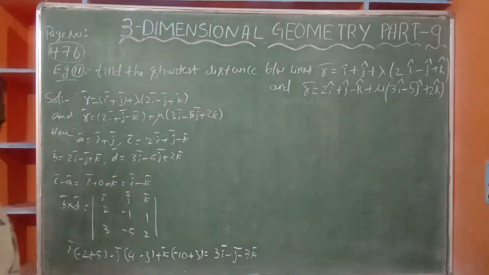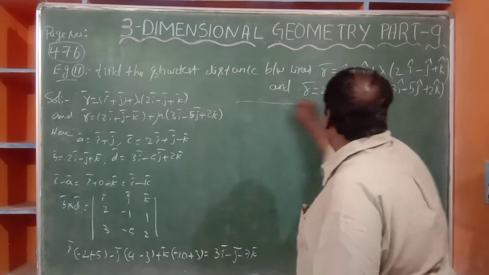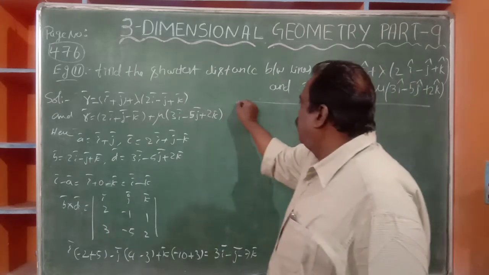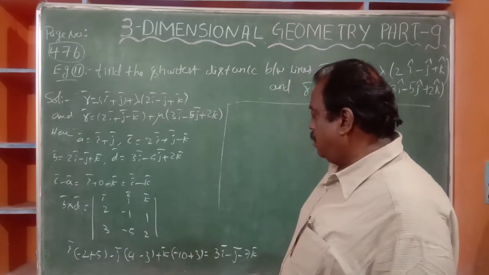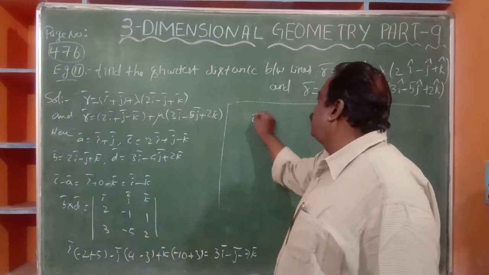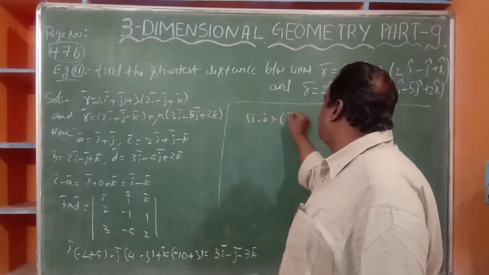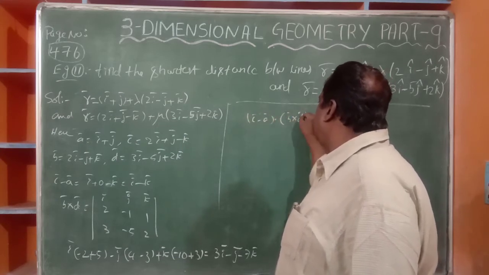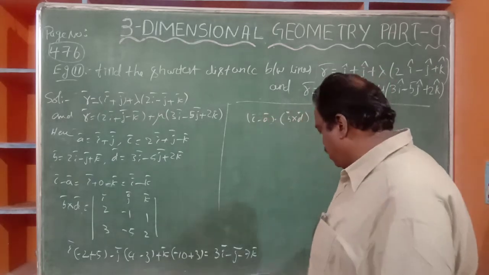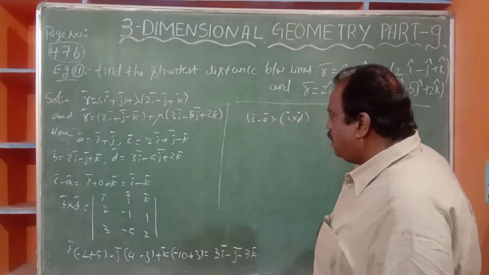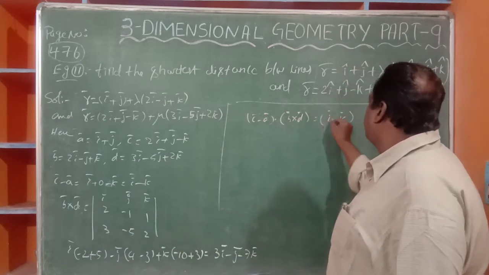Now observe me. We need C bar minus A bar dot B bar cross D bar. C bar minus A bar, you know, is i minus k.